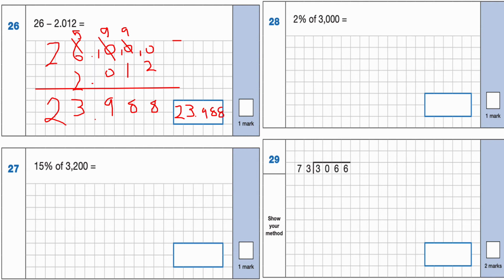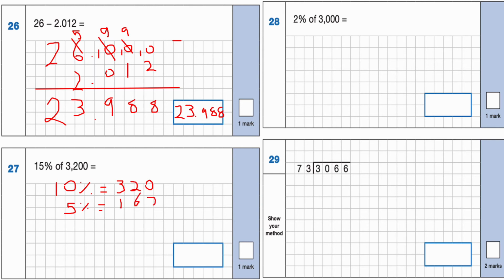Okay, for that one. Question 27, guys, it's a percentage of an amount, 15% of 3,200. I'm going to work out what 10% is. So 10% in maths means divide the number by 10. So dividing that by 10, I get 320 by taking off a 0. 5% of the number will be half of 10%, so it's going to be 160.